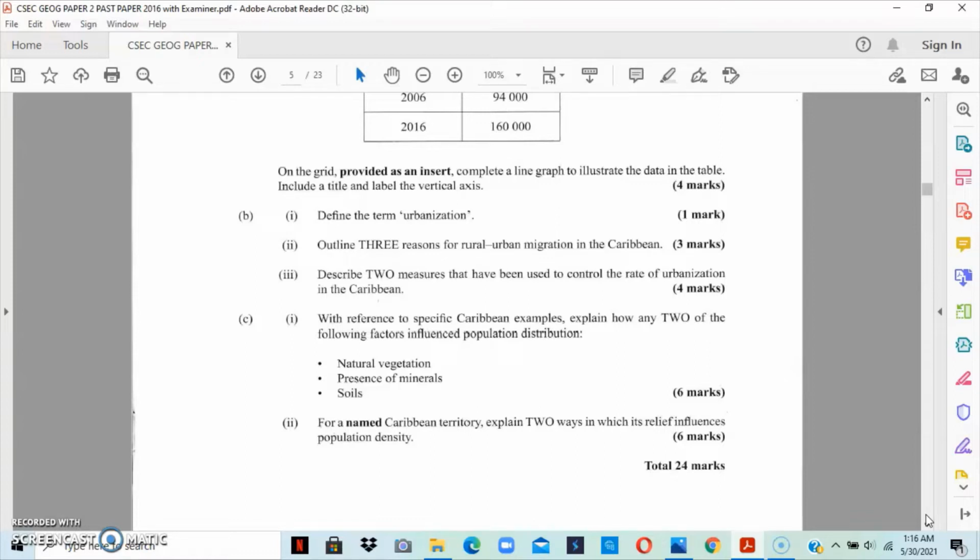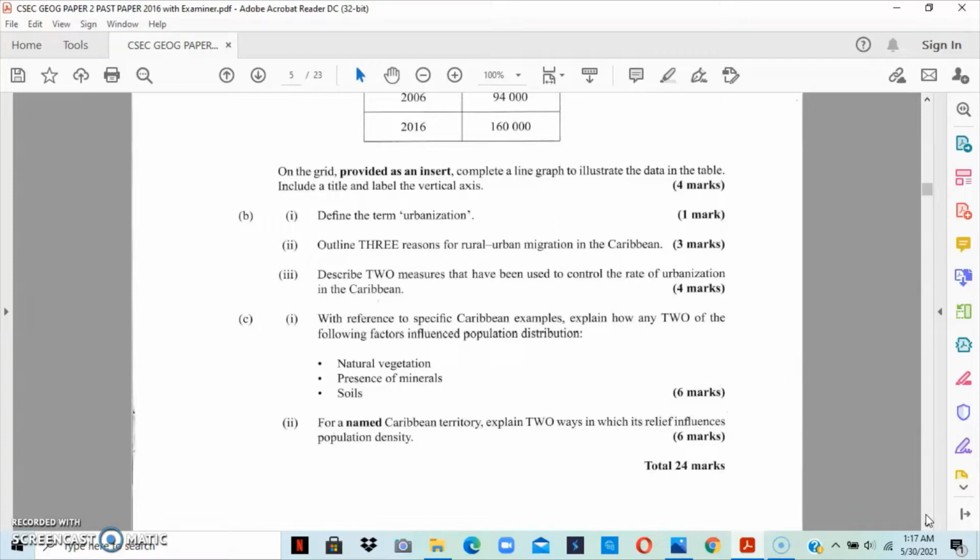So instead of tourists coming to the urban areas, they try to promote heritage and ecotourism so that persons become interested and go to the rural areas to basically just look at nature and learn a little bit about the culture of the rural areas, right? And this will, in a sense, provide jobs for persons in the rural areas. Thus, they don't have to migrate to the urban areas and cause overcrowding.